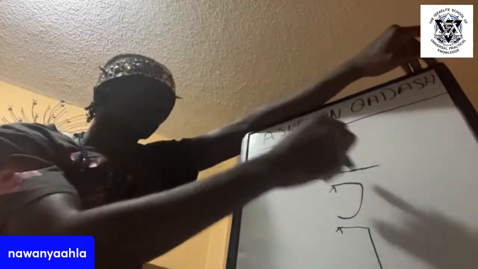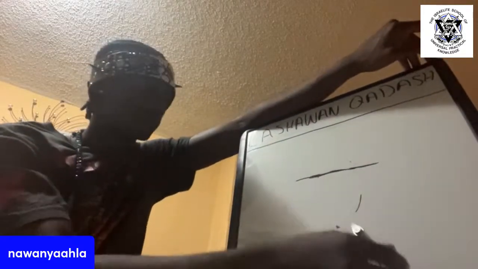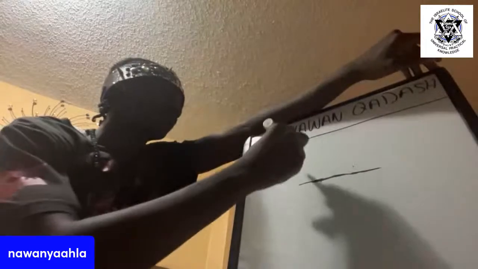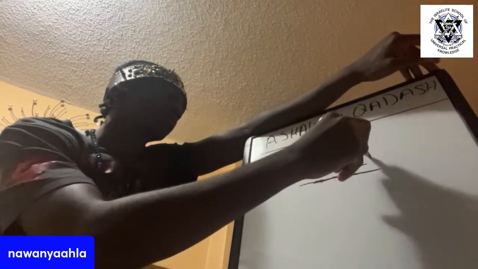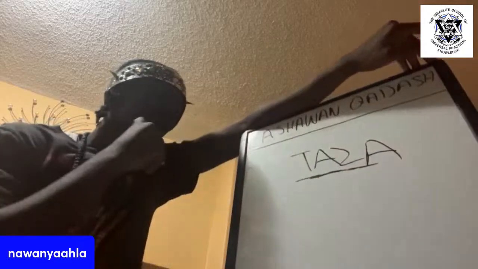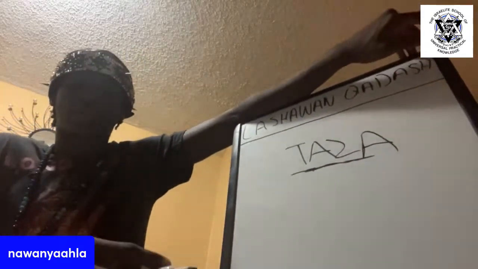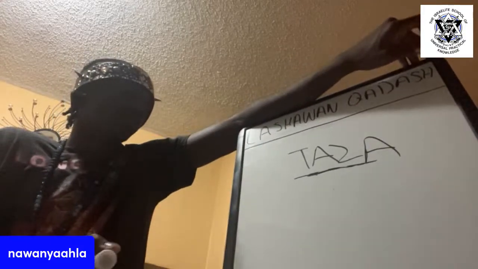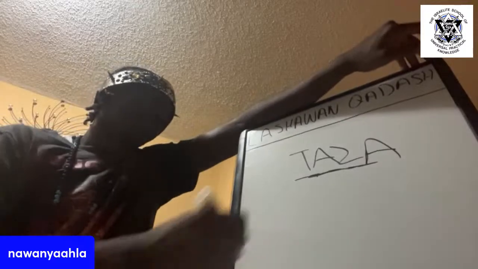What we got next? Got the Tazah. Okay, the Tazah is our last character that has a different symbol, a different character at the end of a sentence.